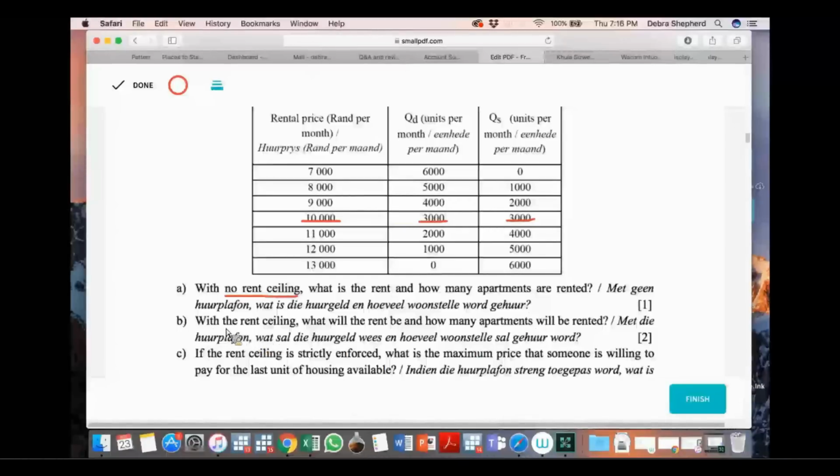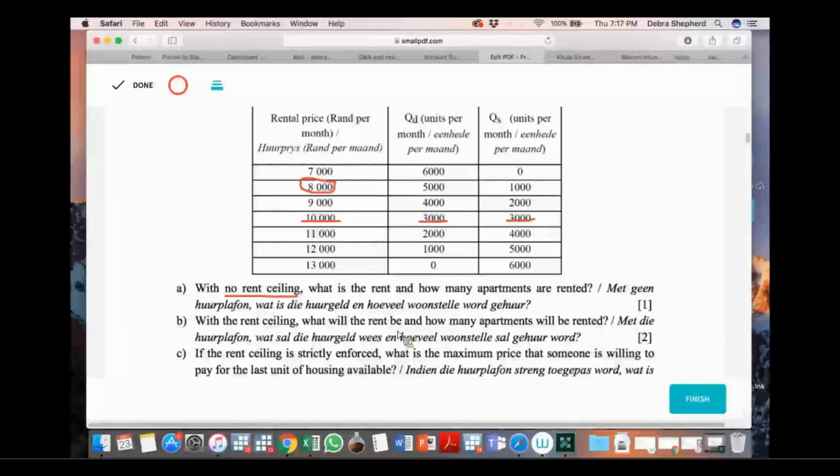Part B then says, with the rent ceiling, which we were told is 8,000 Rand, so that's the rent ceiling, what will the rent be and how many apartments will be rented? Now, the reason why this part of the question is there, because I think some people could read this and be like, but they've told me the rent ceiling, so why am I getting marks for just repeating what you've told me?